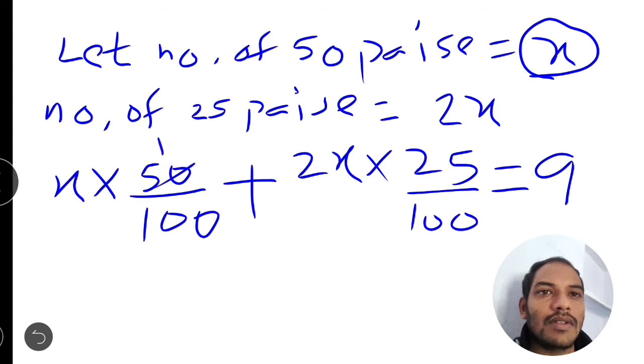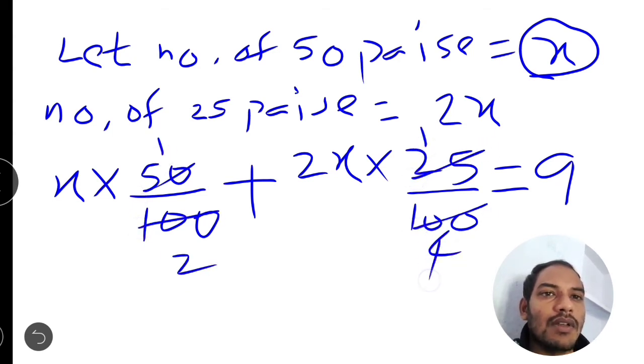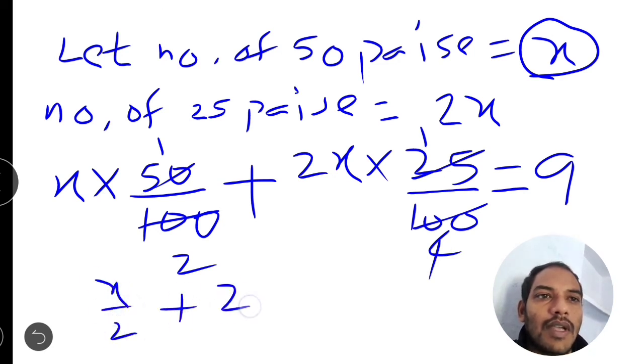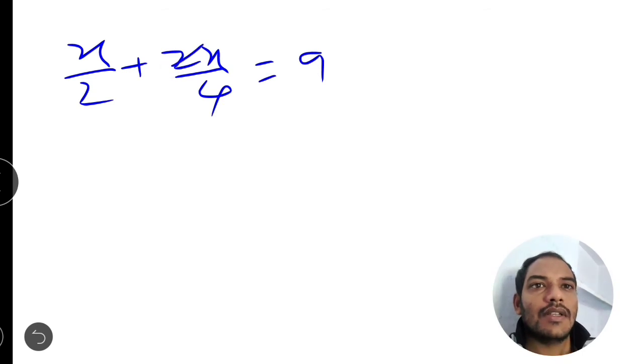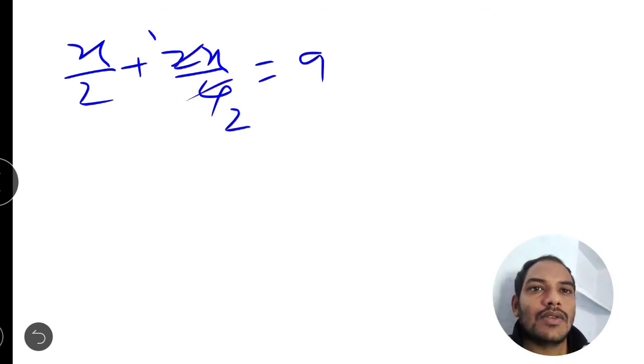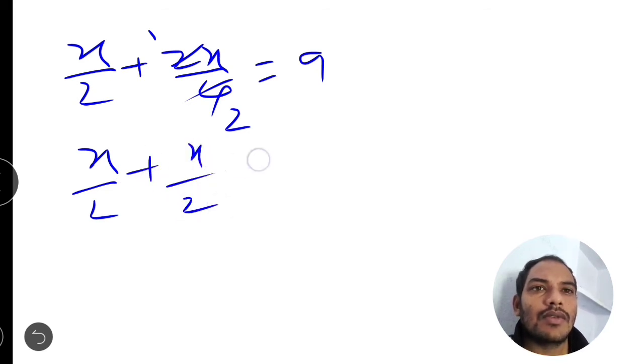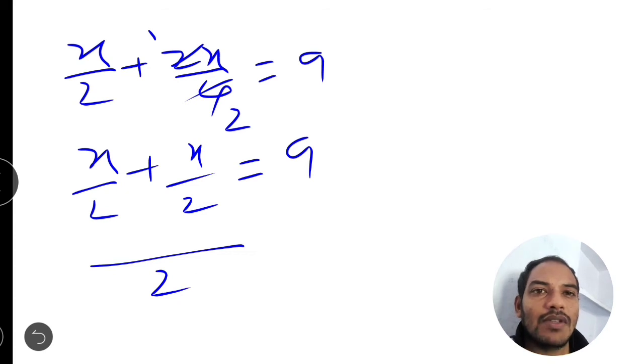So here 50 ones are 50, 50 twos are 100, 25 ones are 25, 25 fours are 100, so x by 2 plus 2x by 4 equals 9. Here we can cancel: 2 ones are 2, 2 twos are 4, so x by 2 plus x by 2 equals 9. The denominators are the same, so the LCM is 2.